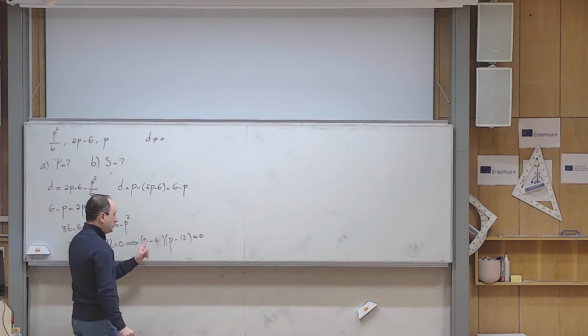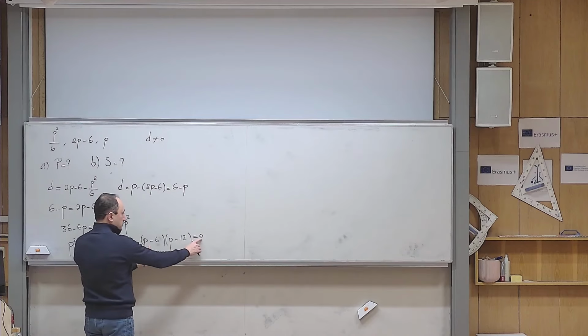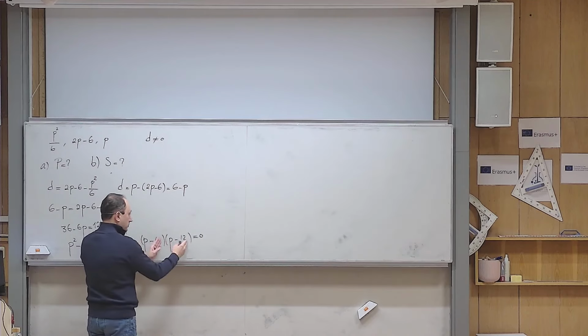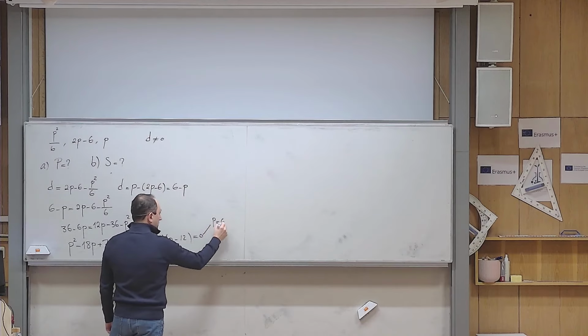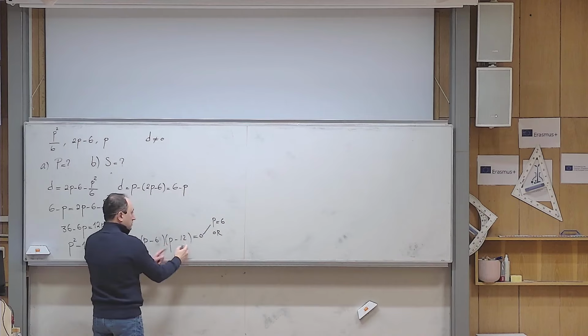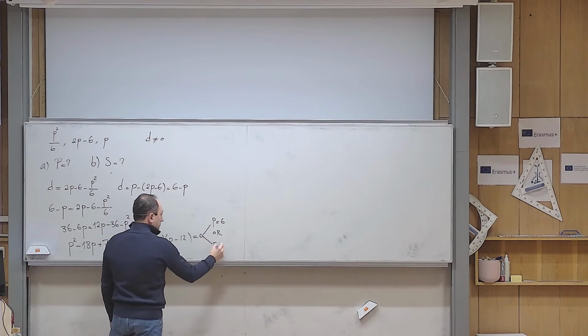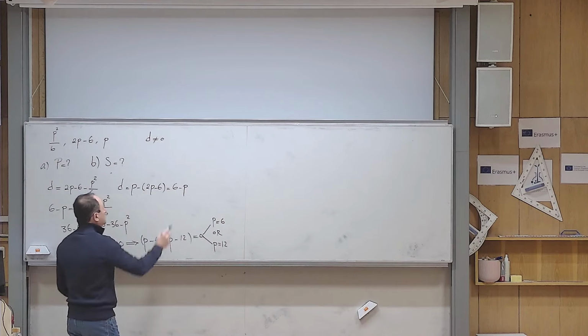Then I would say that either this one is 0 or the other one is 0, because the product of two numbers is equal to 0. This one being 0 gives me p equals 6, or this one being 0 gives me p equals 12. But there is a reason that they have mentioned that d is not 0.